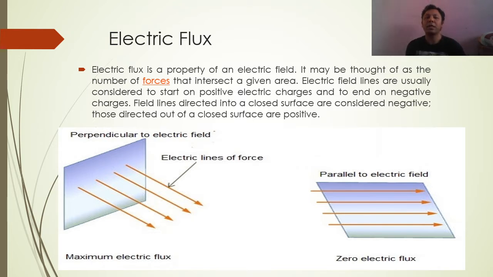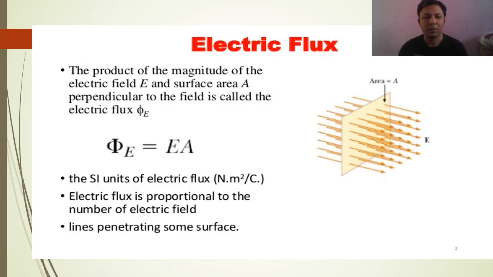So this is called electric flux. We can define this electric flux as the product of electric field and surface area. You can see that flux is equal to E into A.